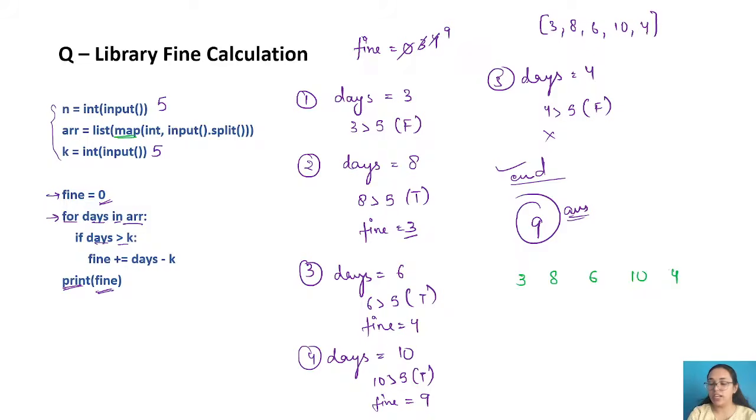So how does Python make it work? The first thing that will be executed is input dot split. Input dot split will take the input and split it wherever the spaces are present. So you have your individual entities like 3, 8, 6, 10, and 4.